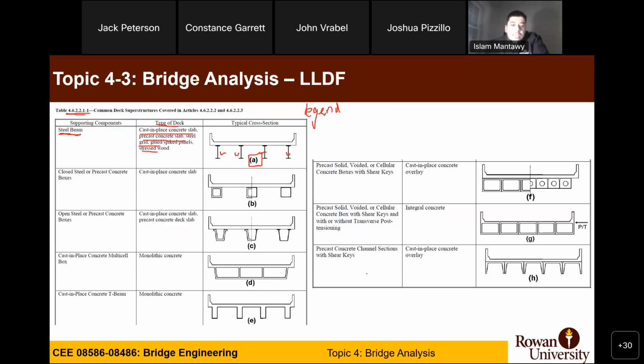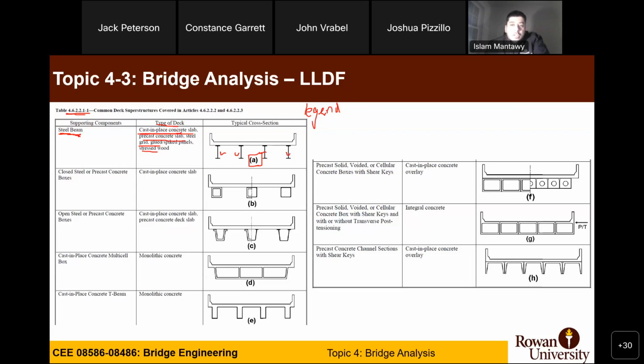A, B, C, D, E, F, G, H. Which one? Isa says A, Shandor says A, Jean A, Joe A, Adam A. Yes, because we have a steel beam carrying a cast-in-place deck, right?